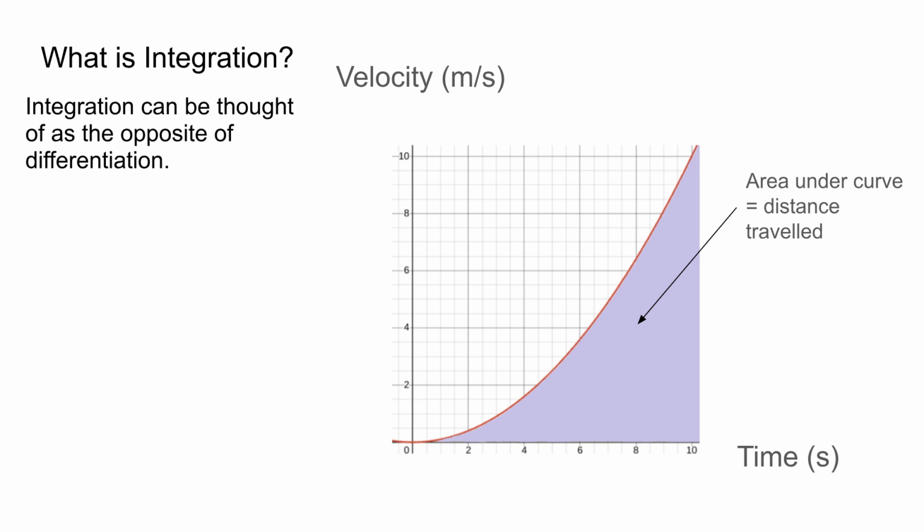This is what integration does, specifically definite integration. It finds the area under the curve, or the net change in area. So integration can be thought of as the opposite of differentiation.